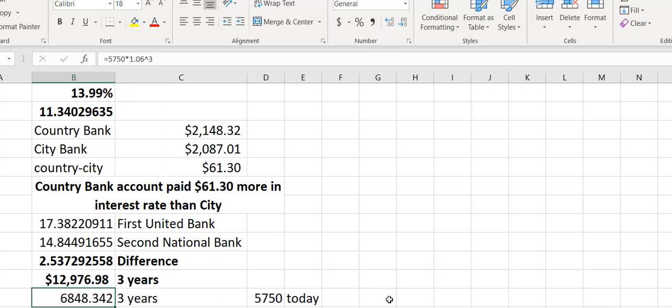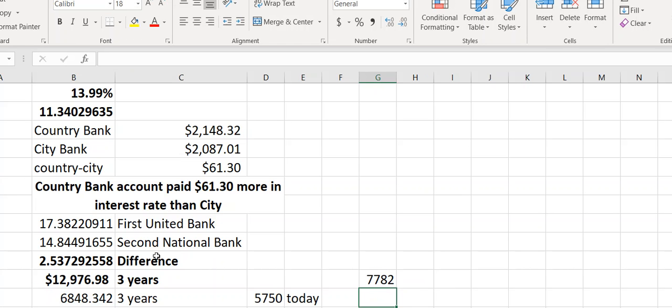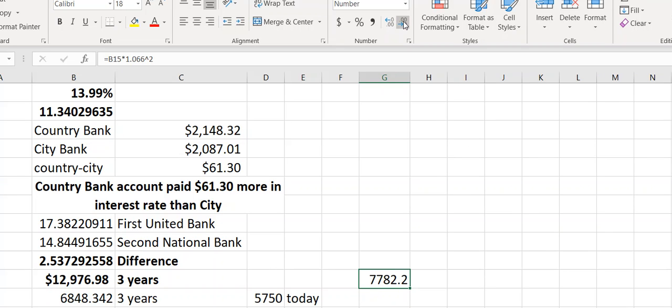So that is, because 5750 at 6% for 3 years, and that amount is going at 6.6% for 2 years, and I can say the amount is 68438.342.